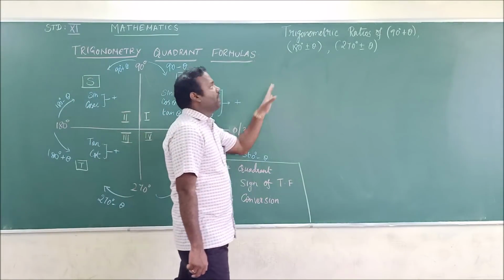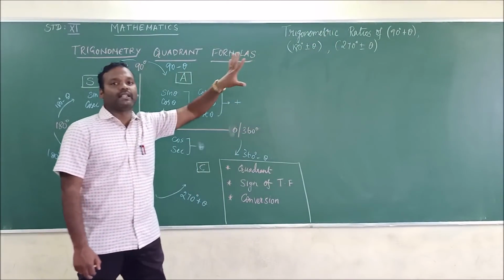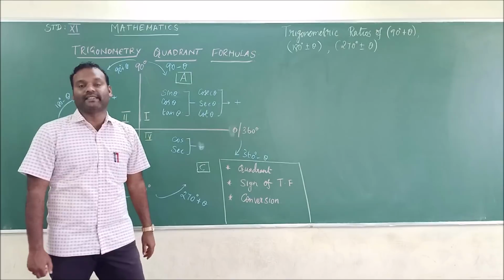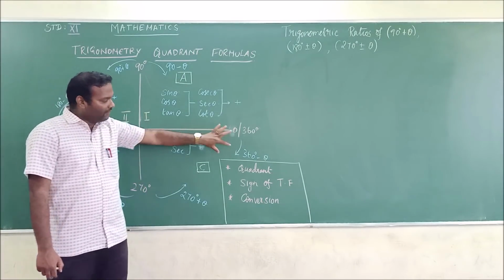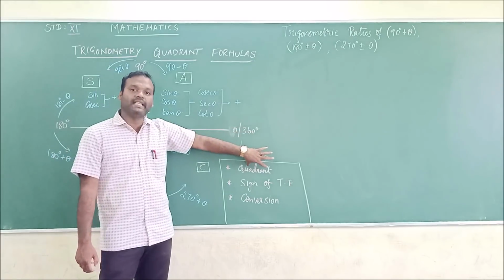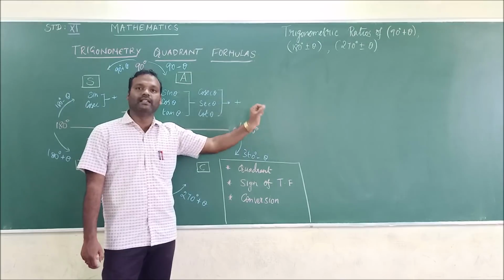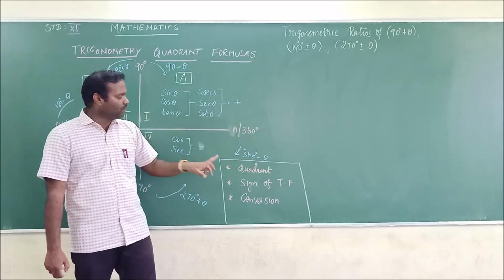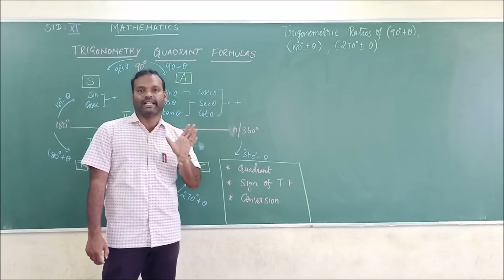Now we have three steps to write the trigonometric ratios for these angles. The first step: you have to identify the quadrant in which the given angle lies.